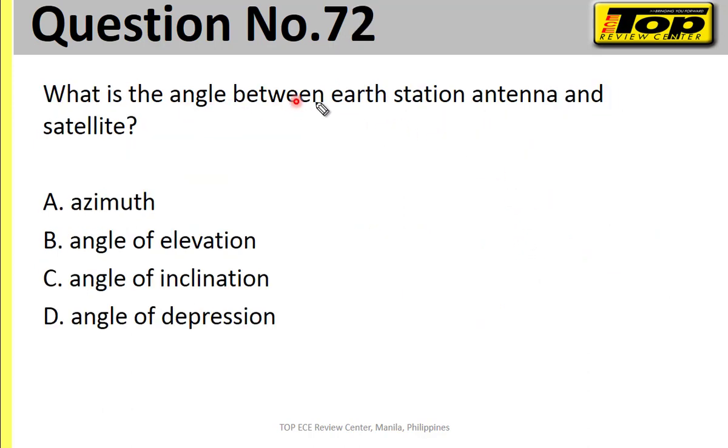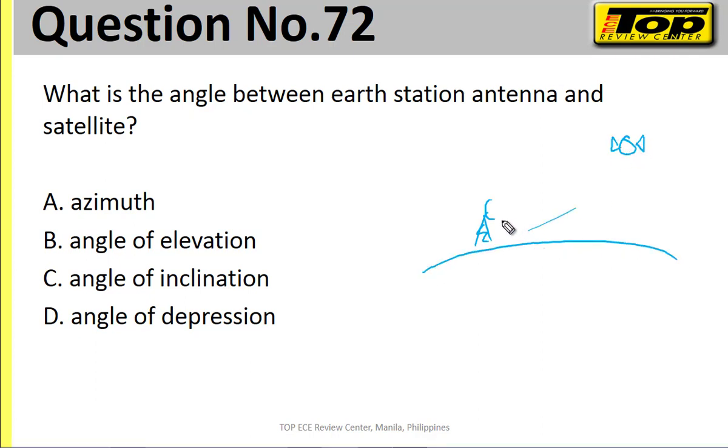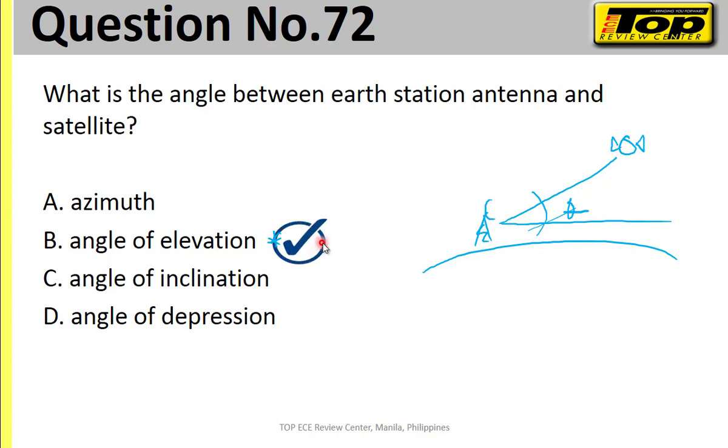What's the angle between the Earth station and the antenna satellite? What do we call that? This is your Earth station. This is the satellite. Okay? What do we call the angle that is formed? The angle formed is the angle of elevation. And that is letter B, angle of elevation.